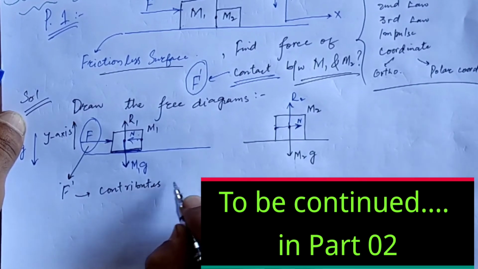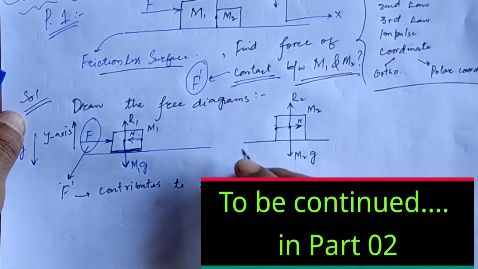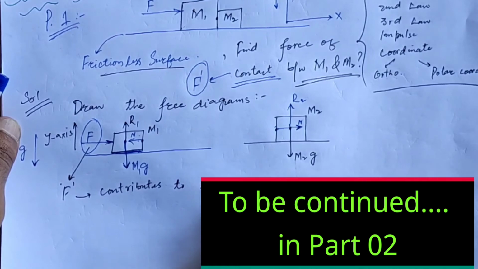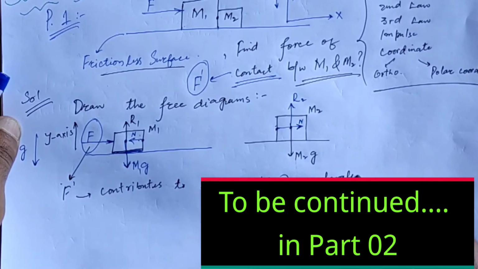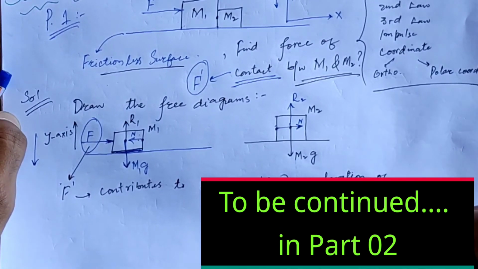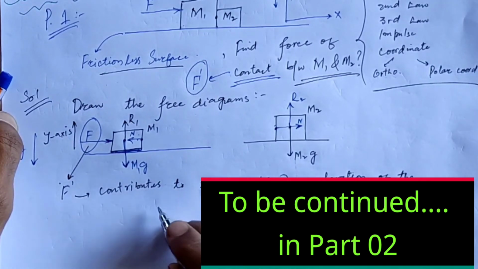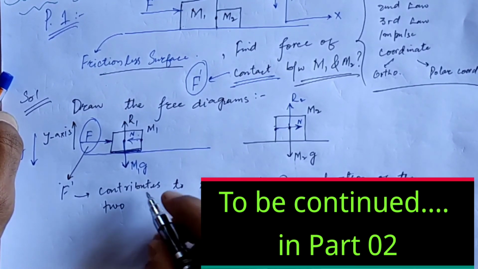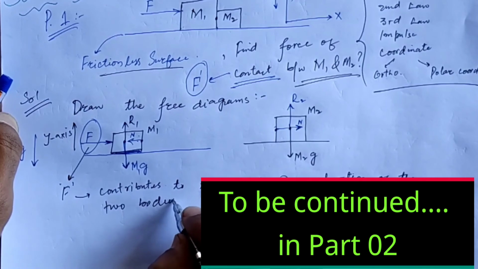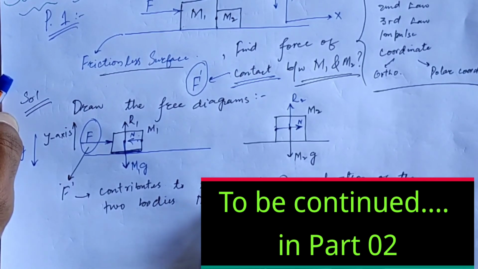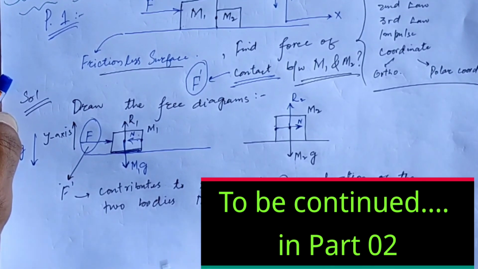This F contributes to the combined acceleration of the two bodies, m1 and m2.